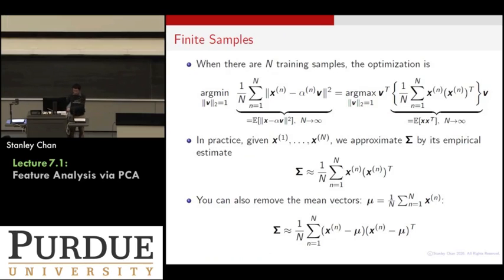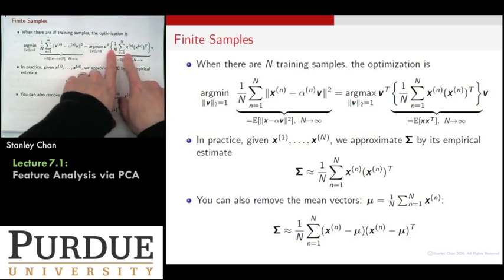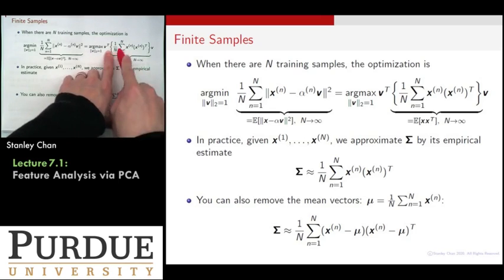Okay, so why do I want to introduce this expectation perspective? It is because of the following. When you have a data set, let's say you have n data points, the n data points that you have is a finite approximation to the entire data set. So by taking the expectation of this quantity, let's look at this equation here.